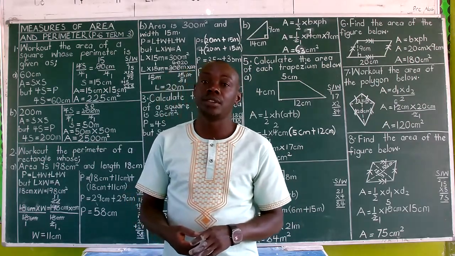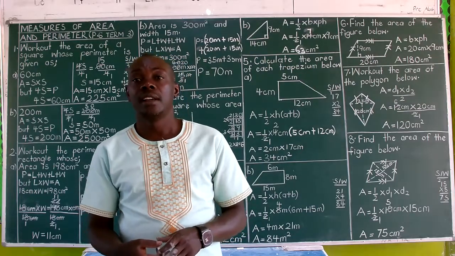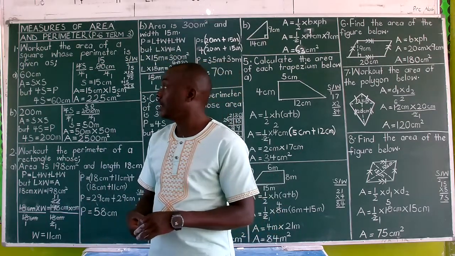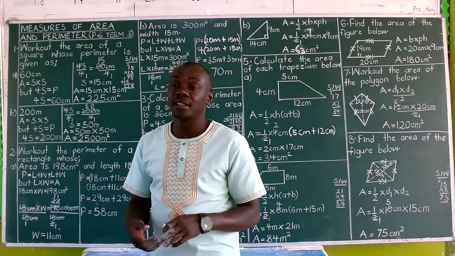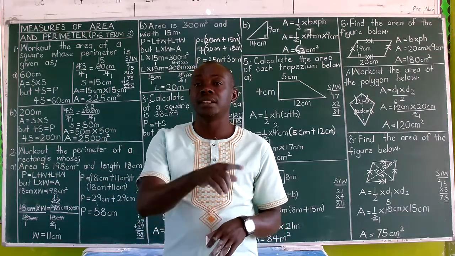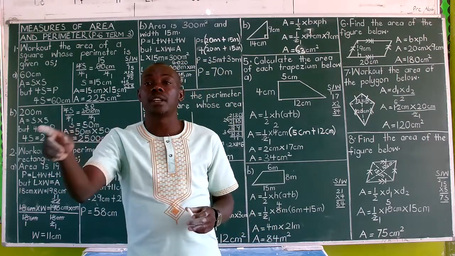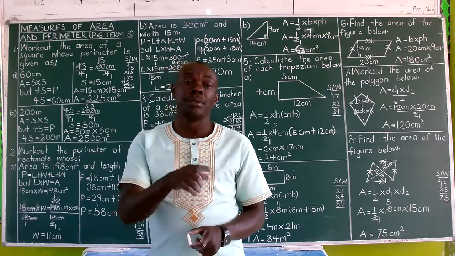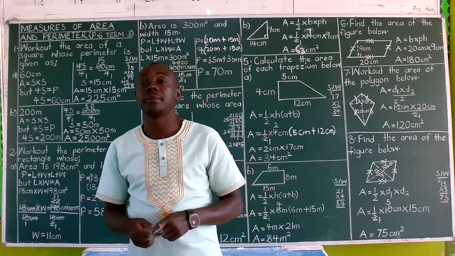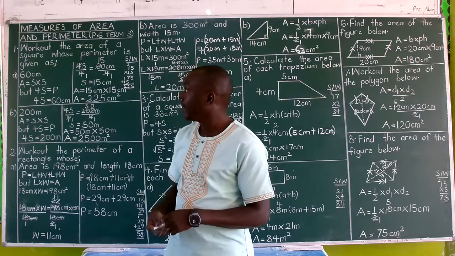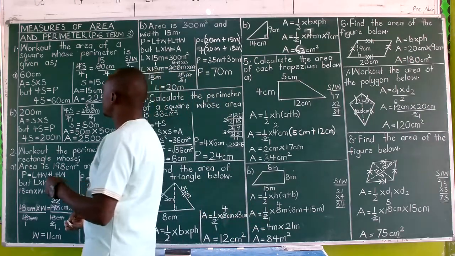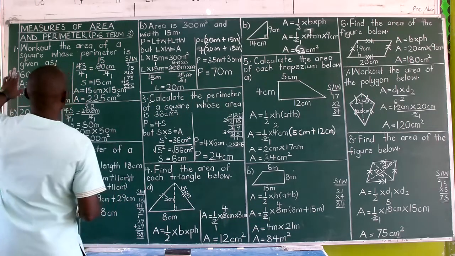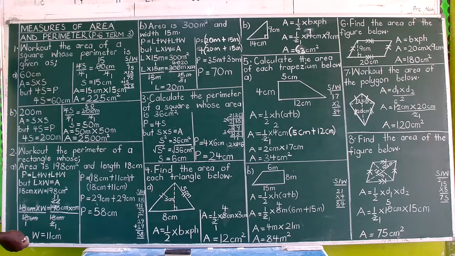In square units, we must put squared, like we are going to see. Then perimeter means the total distance around any given shape. When you move around any given shape, you will have applied perimeter in life. Then we see these examples which you are going to use to answer those activities.